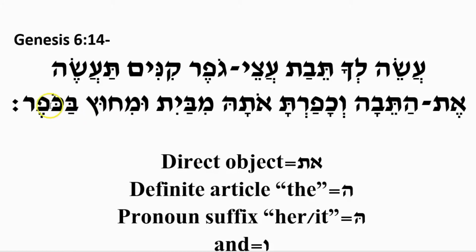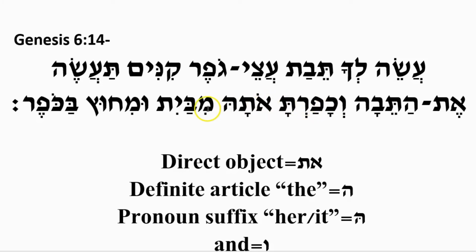Kofer is the word for pitch, pine tar, pitch. So kafarta could also be a verb form of the word pitch, which in that case would mean to smear, to pitch it, to smear the vessel, the teva, with pitch.